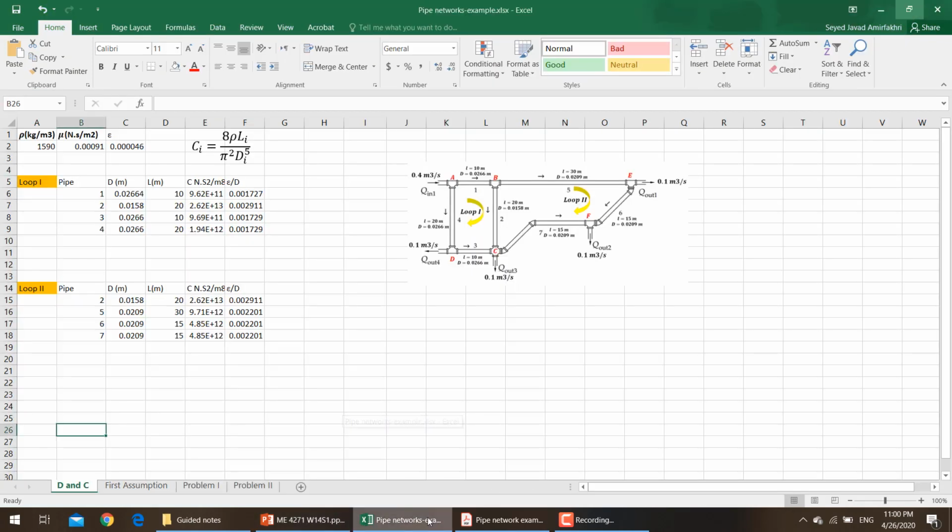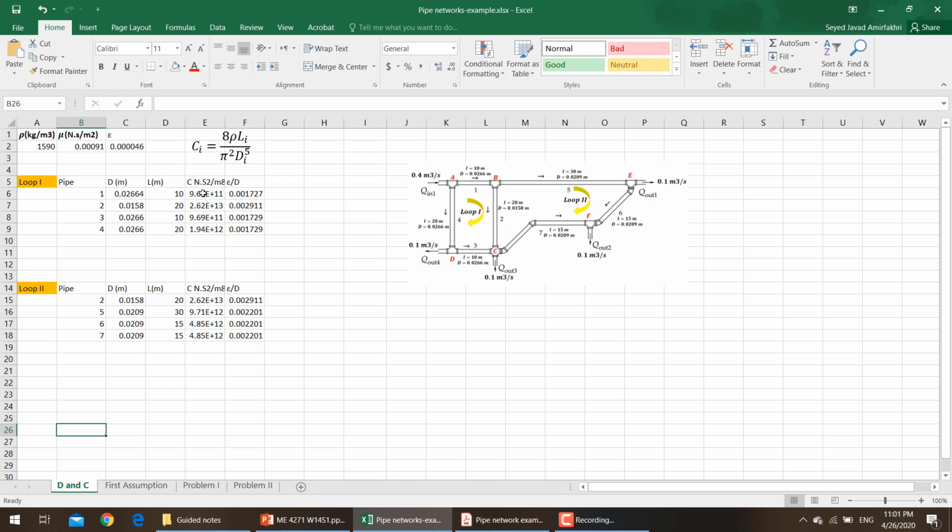If you open the Excel file, here you can see that I prepared two tables for loop 1 and loop 2. I add the pipe numbers, the diameters, these are the inside diameters, the lengths, and then I calculate the C values.